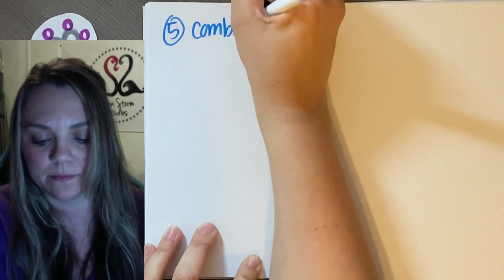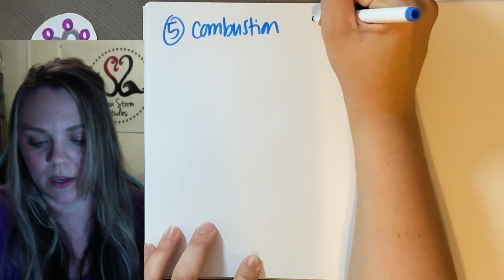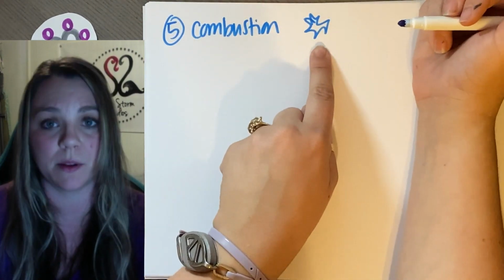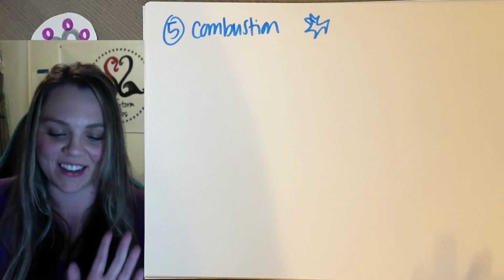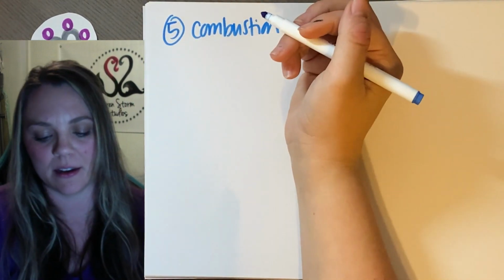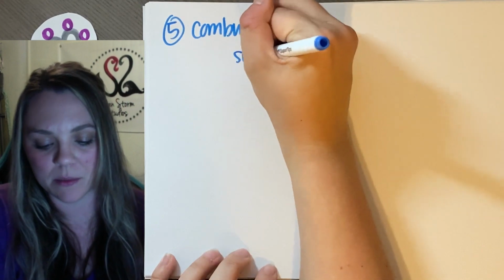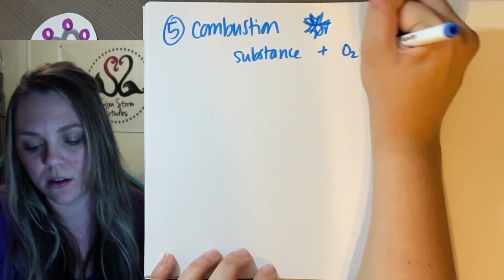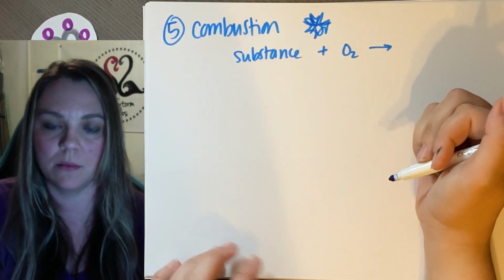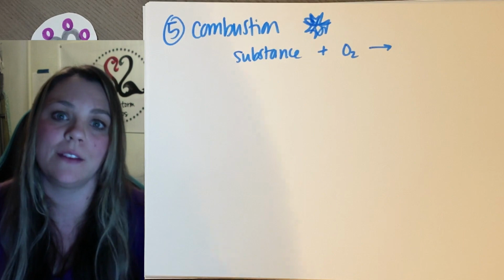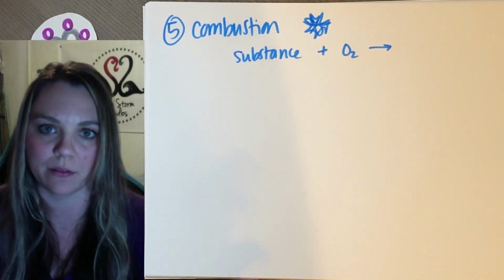Combustion. Okay, boom, explosion. That's me drawing an explosion. Hope you liked it. Okay, so a combustion reaction is anything where you basically have a substance plus O2. Okay, because fire or explosions, right? They need oxygen to survive.